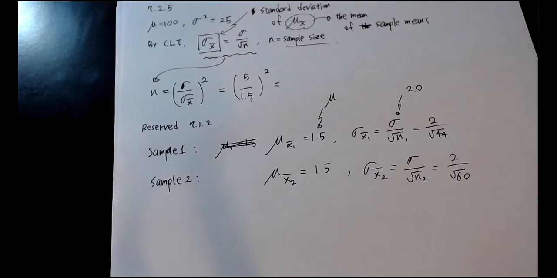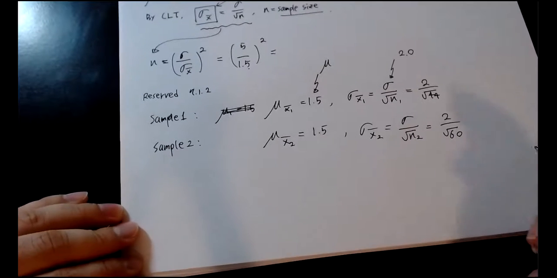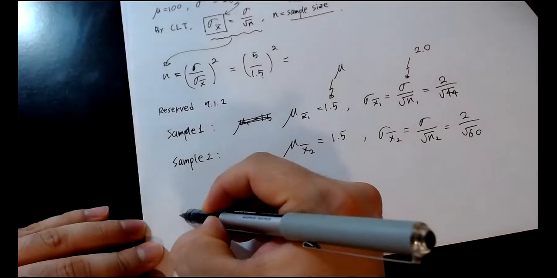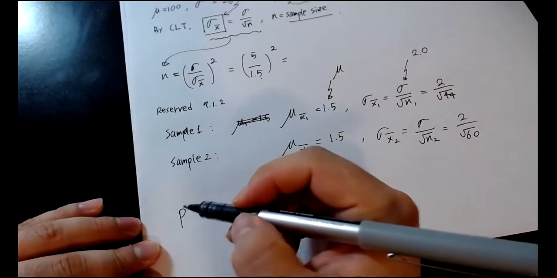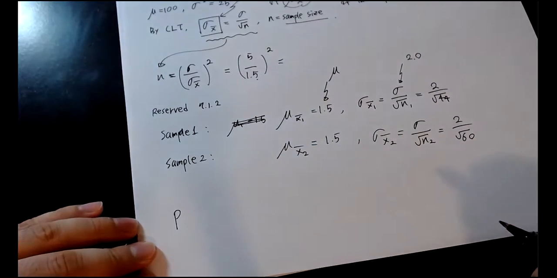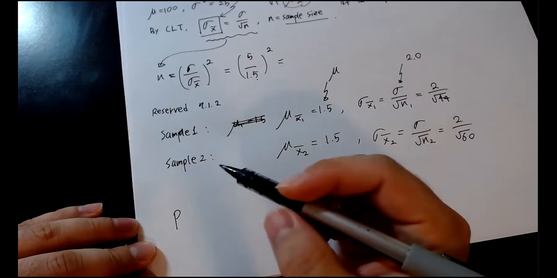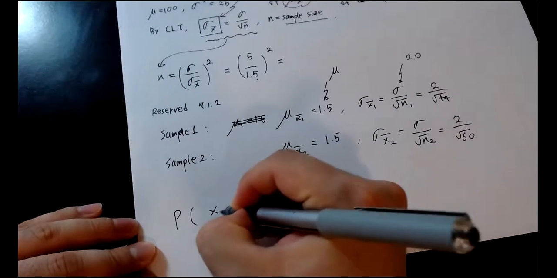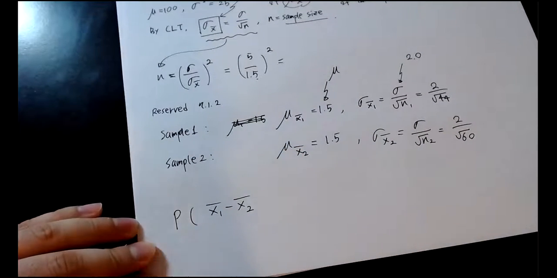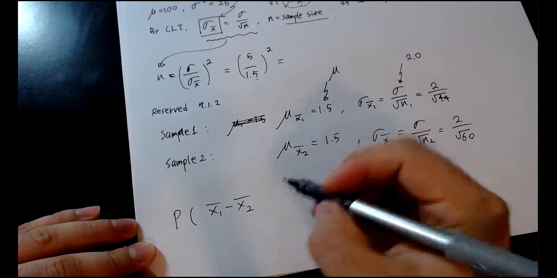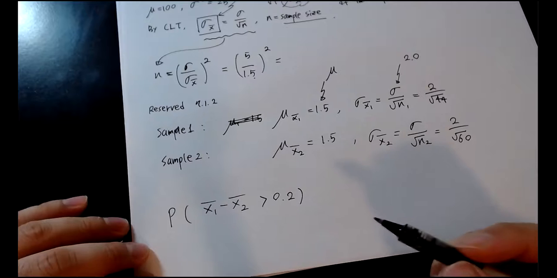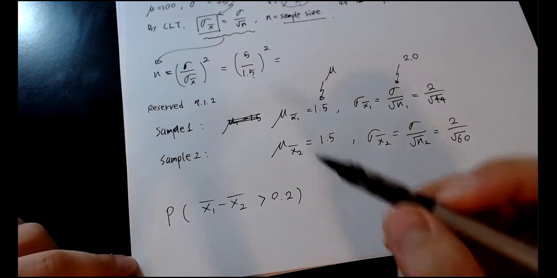So now we have sample 1 and sample 2. Then we want to find the probability that the difference between the mean service time, x1 bar minus x2 bar, is greater than 0.2, right?